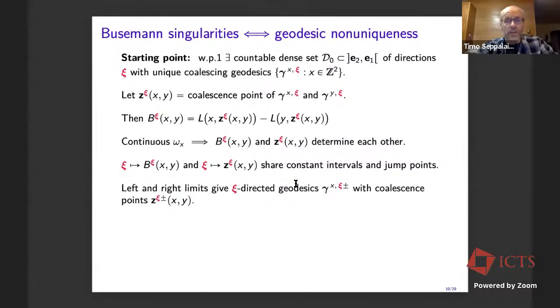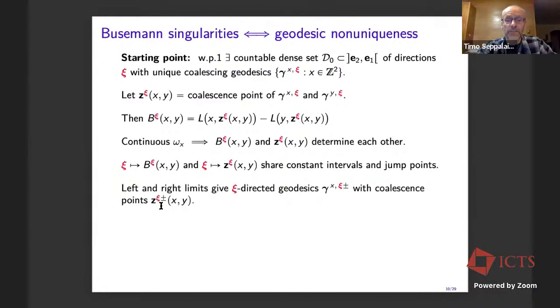And everything works out as beautifully as it possibly can. The geodesics are monotone, so the geodesics converge on the lattice. My b values come from a jump process, left and right limits exist. So it follows that these z points, these coalescence points, also converge because they're constant in an interval, and then you go to the endpoints, and of course it doesn't jump anywhere.